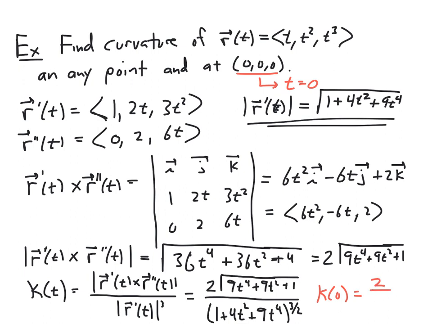And in the denominator, we're going to get 1 to the 3/2 power, which is 1. And so the curvature at the origin is equal to 2. Right? Now, if we want the curvature at any other point, all we need to do is find the t value that gives us that particular point on the curve, and then evaluate this formula for kappa at that particular value of t.